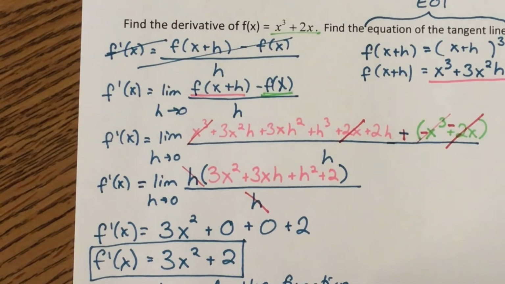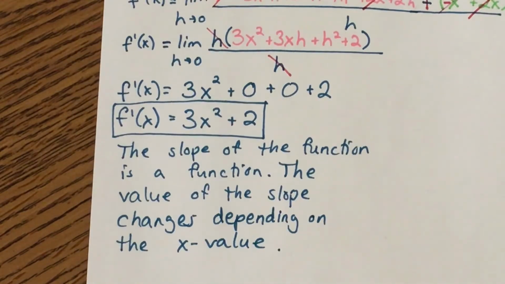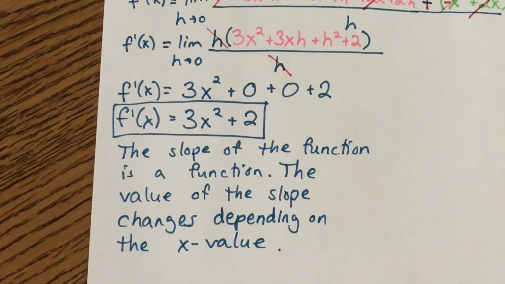What that means is that the value of the slope changes depending on the x value. Which hopefully, oh, sorry, you can pause, write that down. The slope of the function is a function. The value of the slope changes depending on the x value. Pause if you need to.